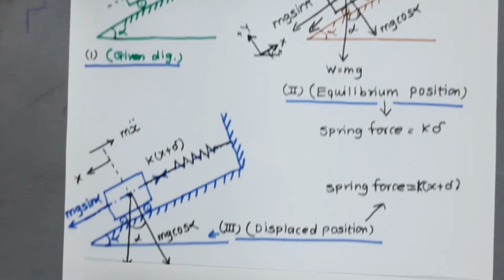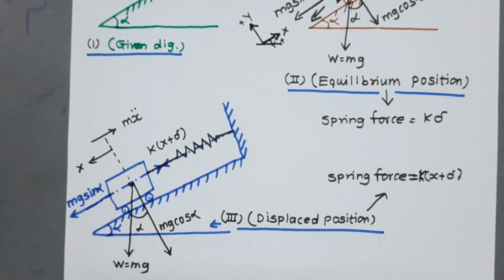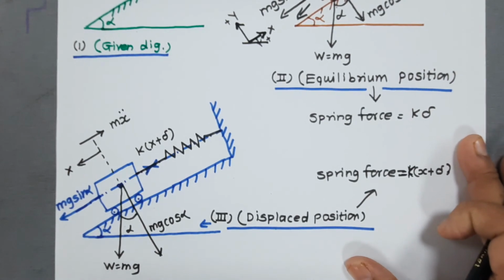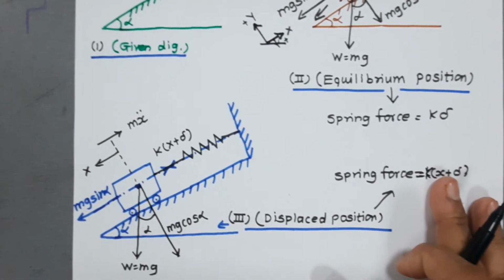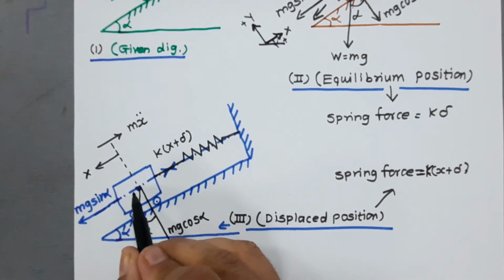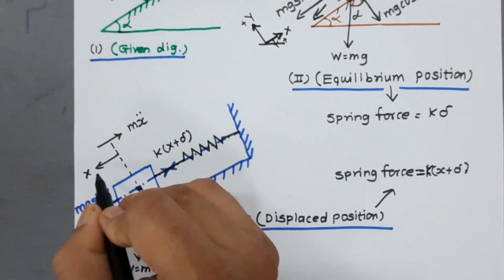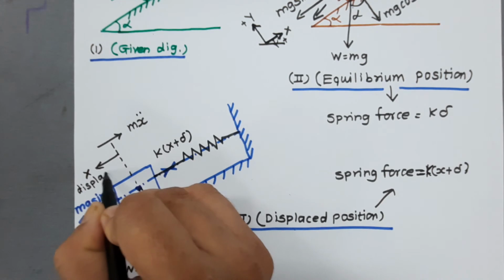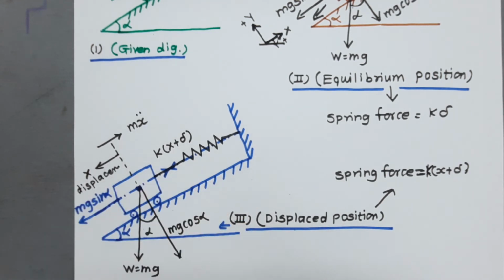Now we will take the displaced position. Dear friends, this is your displaced position. In the displaced position, your mass m moves in the downward direction. So this is your displacement in the left hand direction.